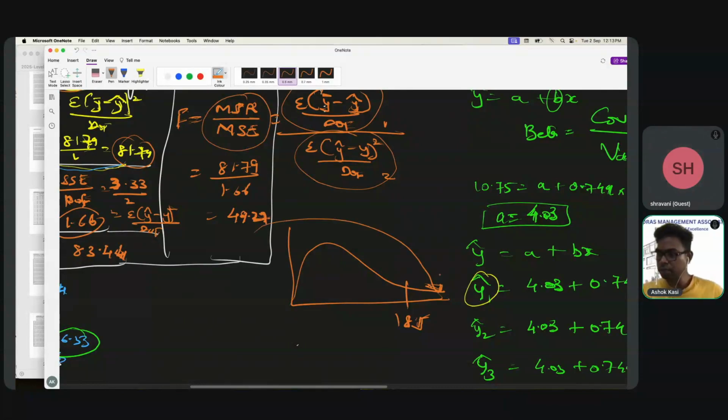So that means the null will be what? The null is no difference in variance, equal to 0.